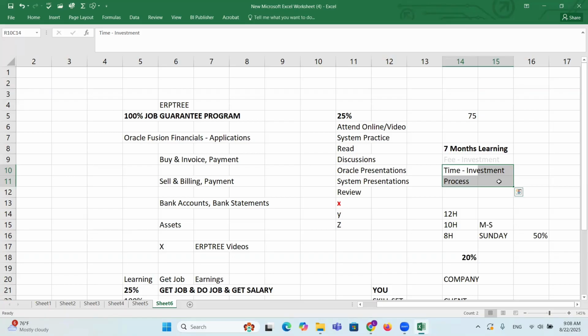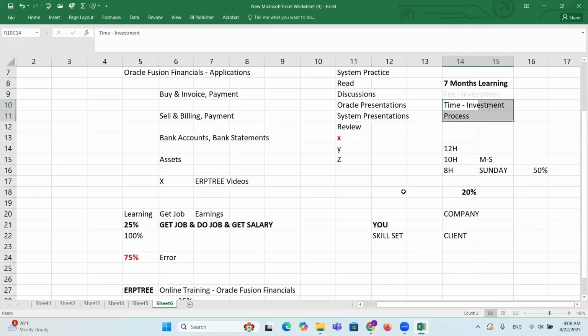And you are not going to cheat anybody. First of all, you are not going to cheat yourself. You are going to learn the eligible skill set. You may do Oracle Fusion Financials. That is a very good course. It's always in demand. How long? For lifetime you can travel with Oracle Fusion Financials. True.